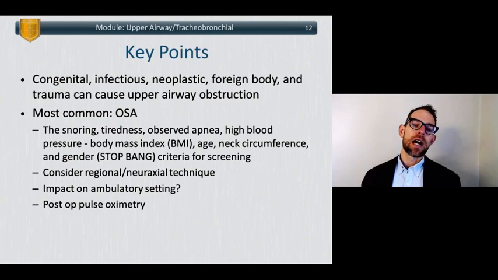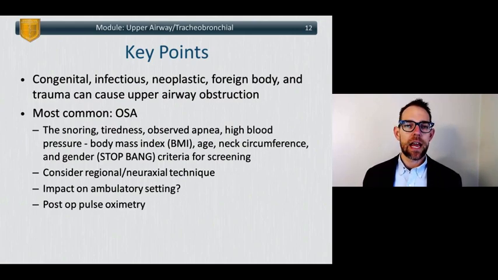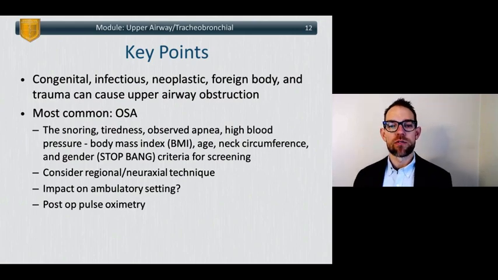Obviously, our most common cause of upper airway or tracheobronchial obstruction is obstructive sleep apnea, but do recall that congenital abnormalities, infectious, neoplastic causes, a foreign body or trauma, such as a tracheal stenosis or tracheomalacia from a healed tracheostomy, can cause upper airway obstructions.